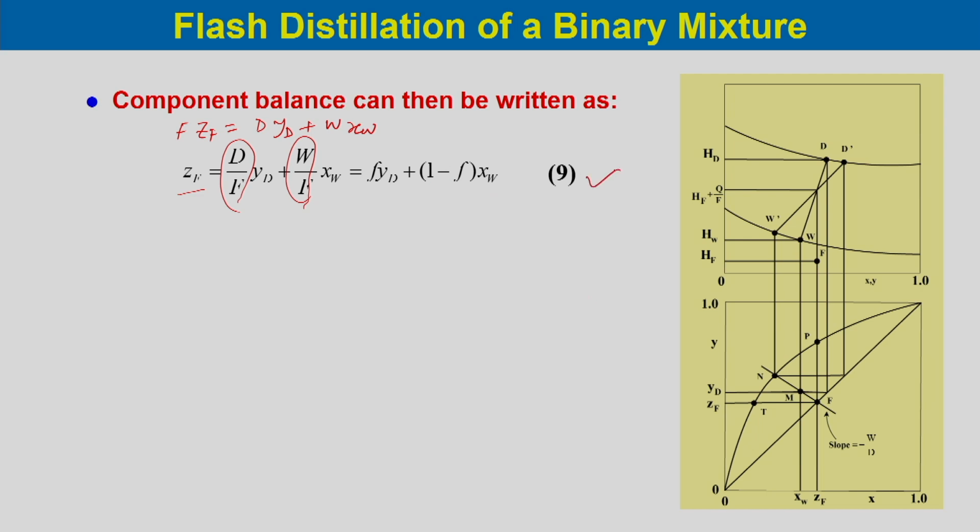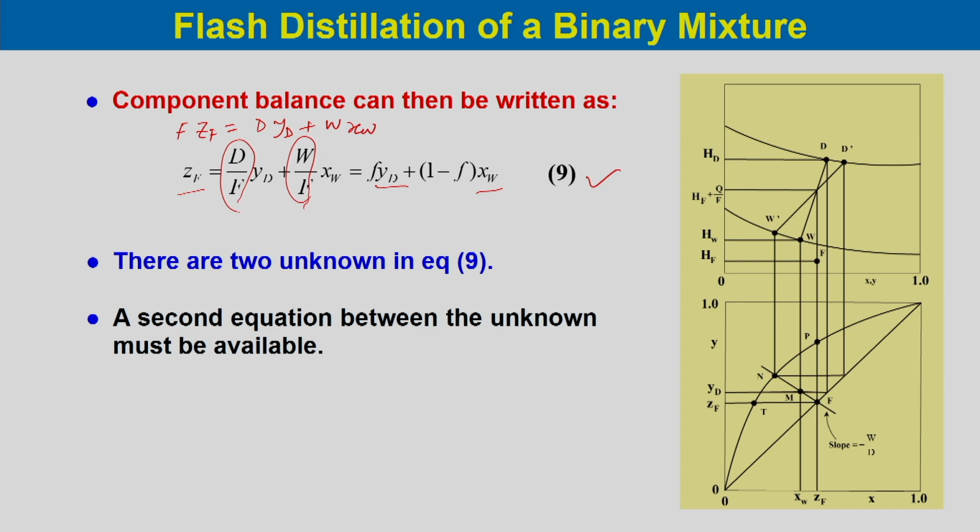This is equation 9. Now, there are two unknowns in equation 9, YD and XW. So, we need a second equation between these two unknowns so that we can use it on the enthalpy concentration diagram and solve the problem.